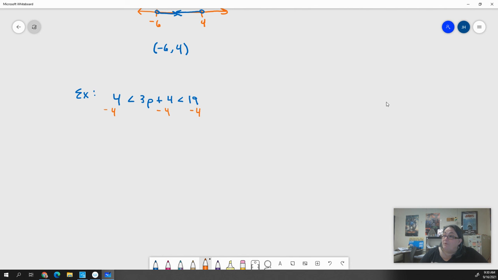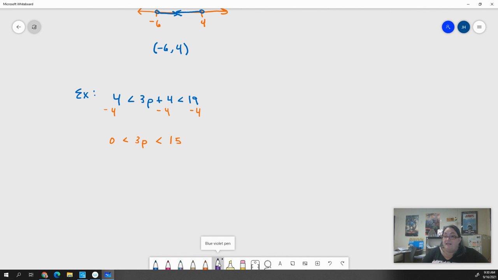So this becomes 4 minus 4. Well, that's just 0, less than 3p. That zeroes out. And then I have 19 minus 4, which is 15. This isn't solved yet because I still don't have the p by itself in the middle. I can't believe I just said that sentence.